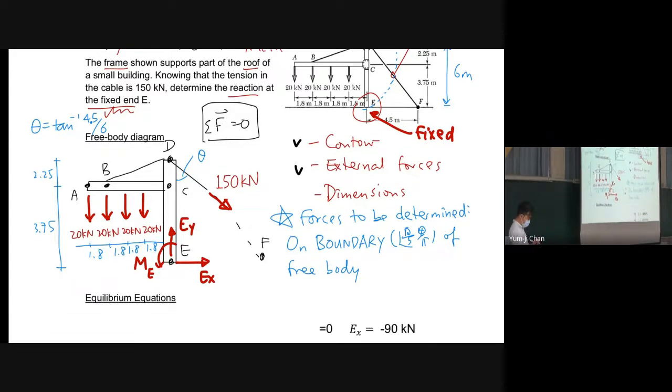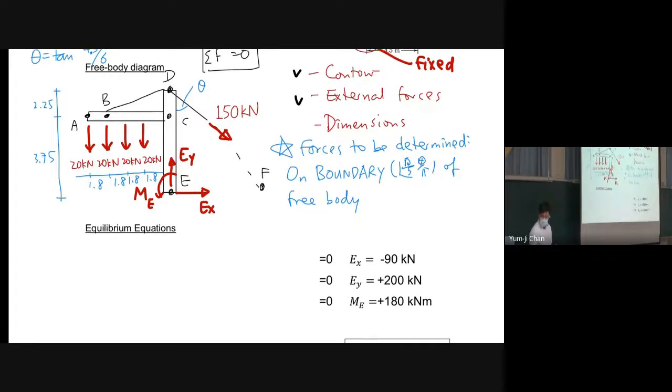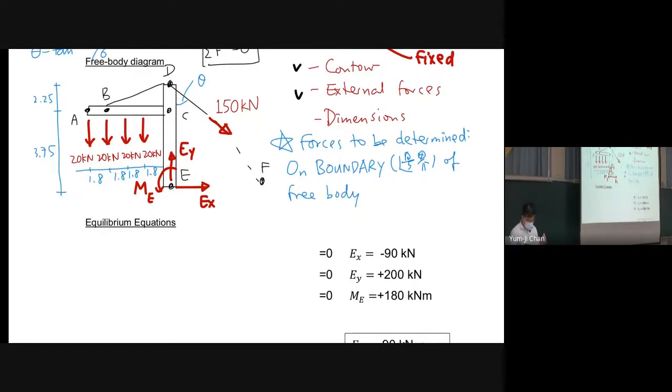Now after we draw the free-body diagram, we come to equilibrium equations. As I mentioned in chapter 2, if you are not confident enough to do the mathematics, you first write these two. So equilibrium equations actually means these two sets of equations, right?